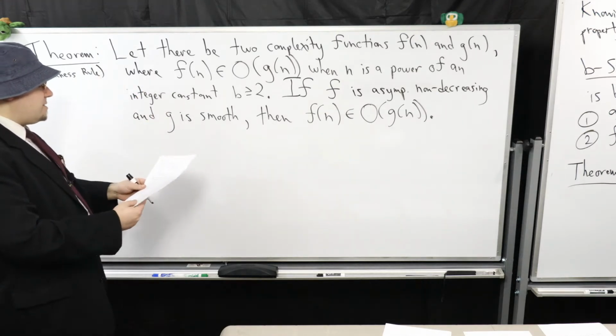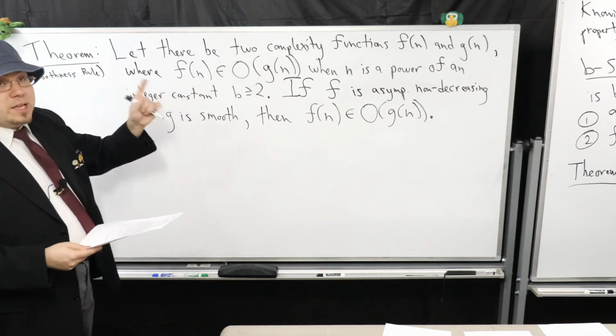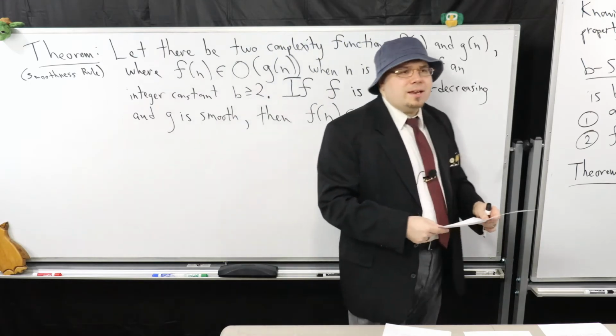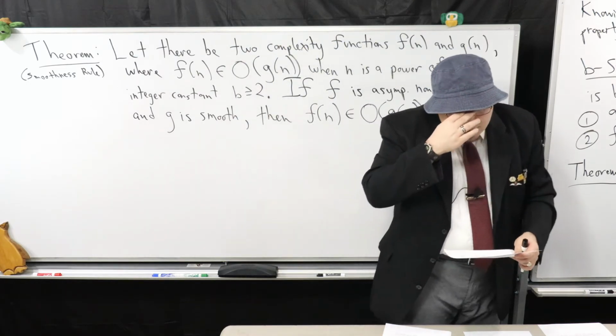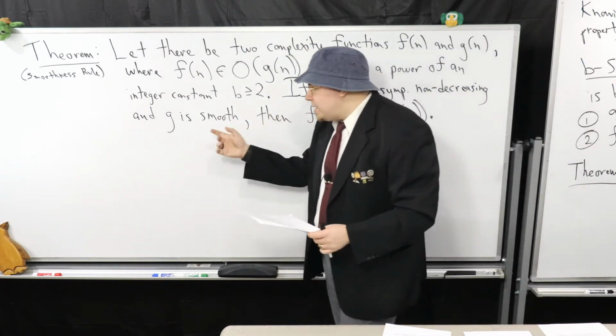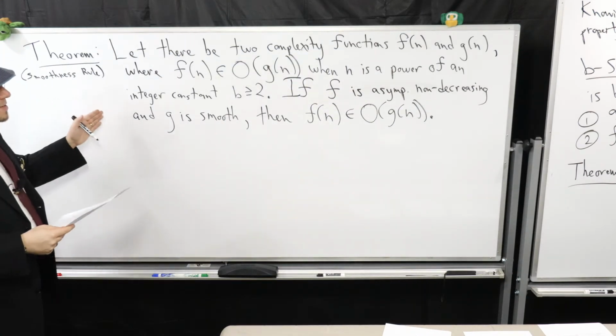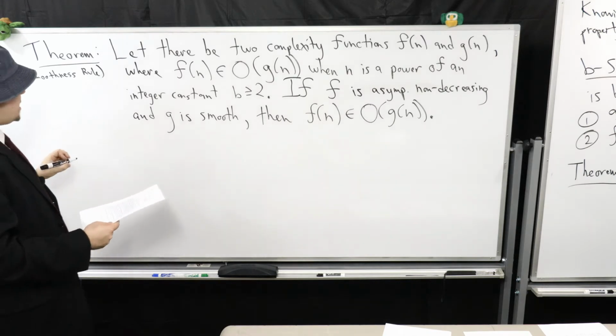The proof for this invokes the b-smoothness property. I'm not going to talk so much about that here. I'm going to do that in a separate video. Now, if you make the presumptions about this theorem, the big reason why you can do this is, I want to remind you what I said at the beginning.